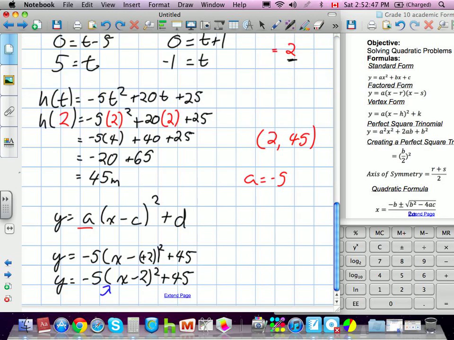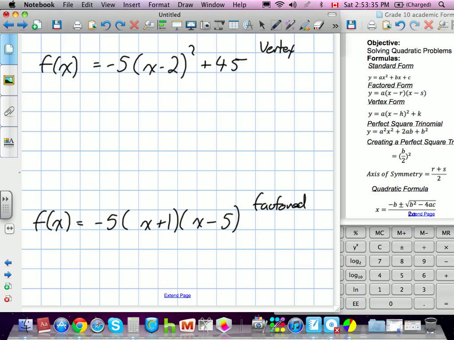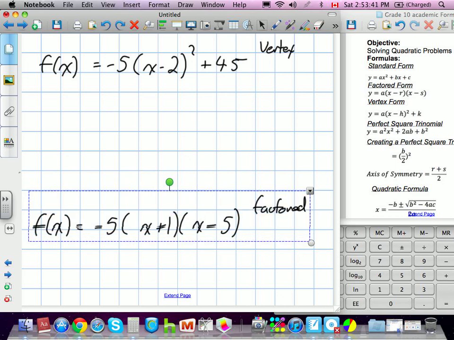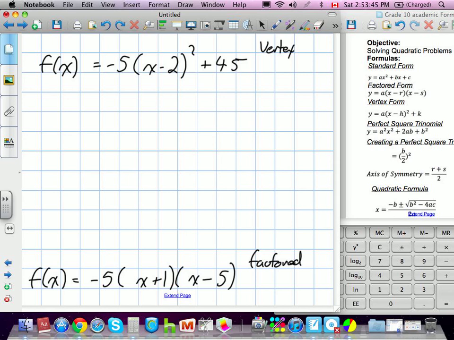This vertex form here, I'm going to change it to standard form. So I'm going to go on a new page. Just remember, factored and vertex form, they're both telling me, let's say, that I need to go to standard form. So what that means is I need to expand and simplify. So in this question here, I have negative 5, (x minus 2) times (x minus 2), plus 45.